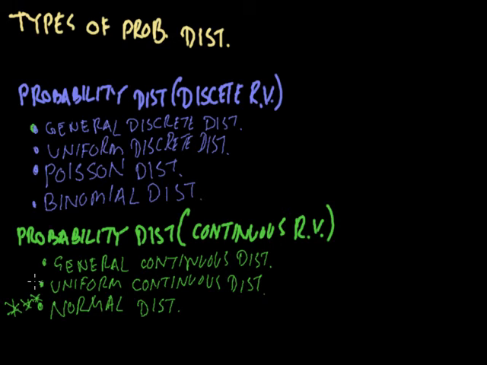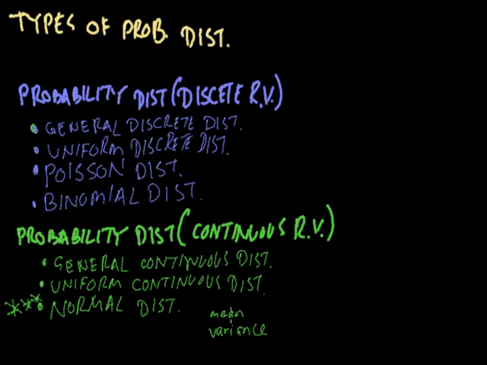Parameters means an external value, an outside value. So for the normal distribution, we need the mean of the distribution, and we also need the variance. Variance is the square of the standard deviation. So another name for the variance is the square of the standard deviation.